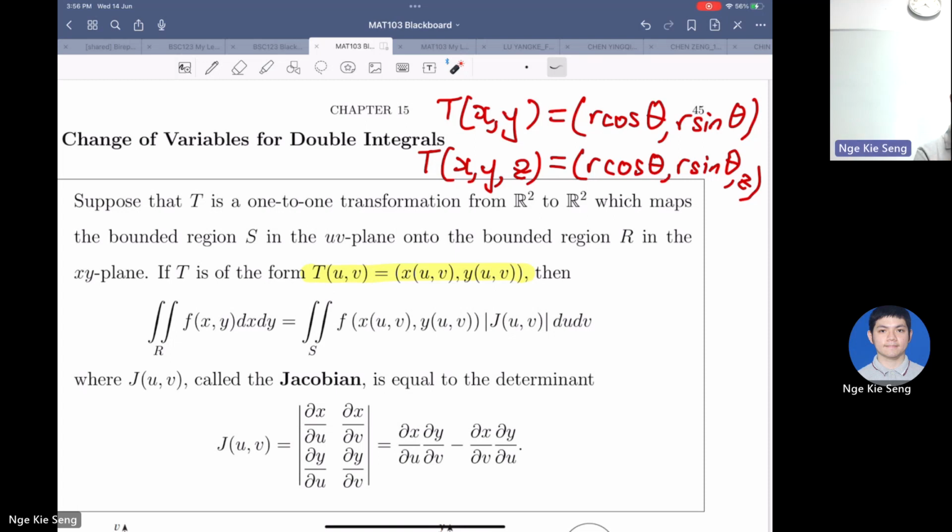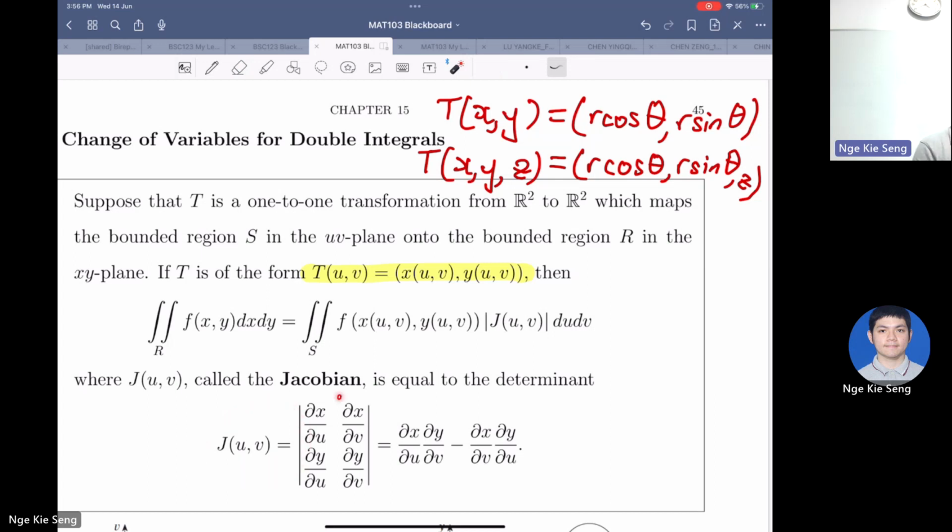Wow, this question, I think something is wrong with this map here. Let me not deal with this map first. So what's this Jacobian here?